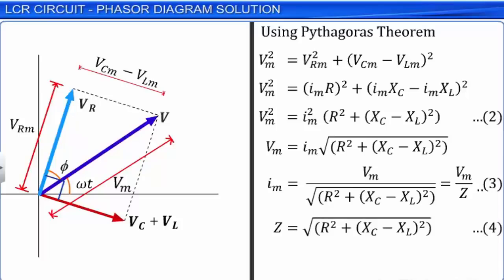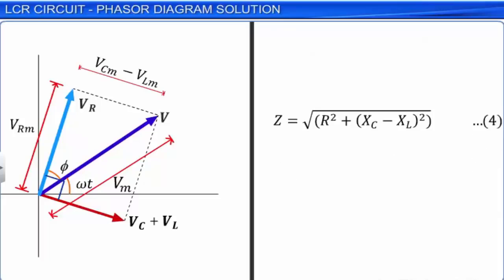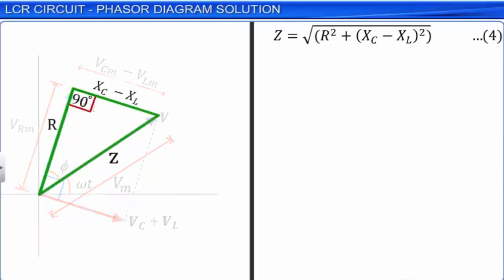The impedance equation can also be written as Z square is equal to R square plus (Xc minus XL) square. This equation represents a right-angled triangle as per Pythagoras theorem. This triangle is called the impedance diagram.